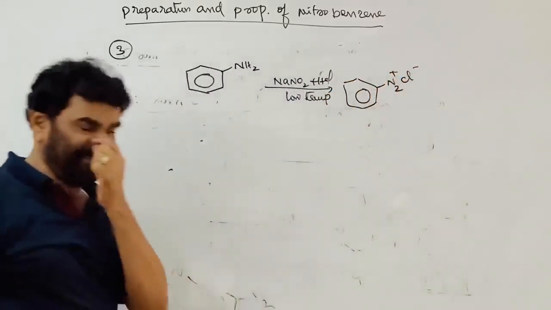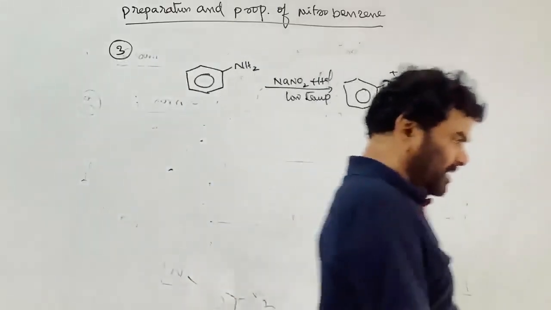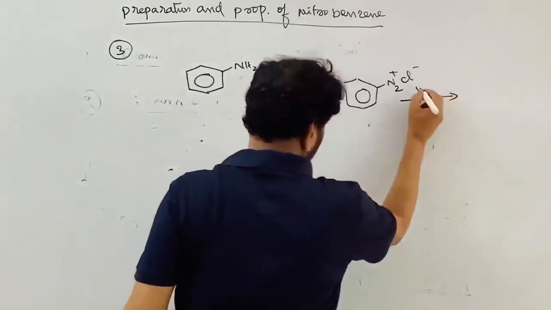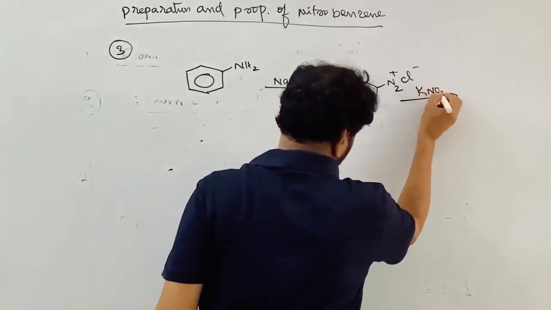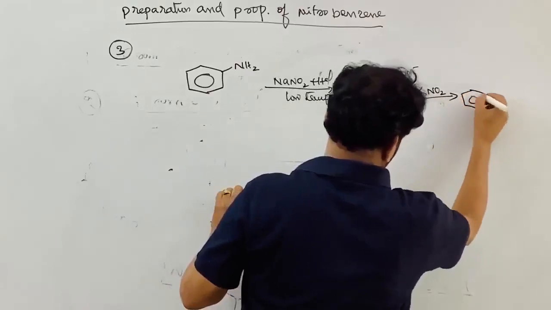From this we can prepare nitrobenzene by 2-3 methods: directly by treating with KNO2, potassium nitrite, nitrobenzene is formed.